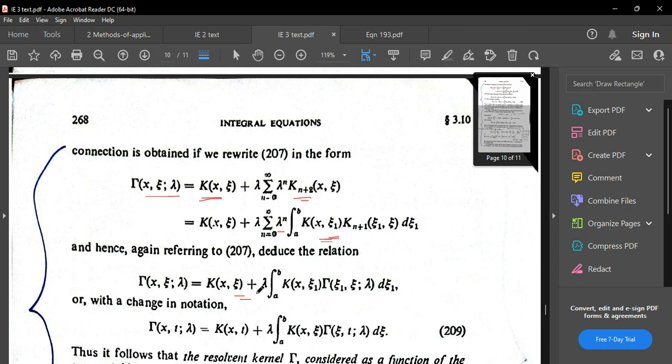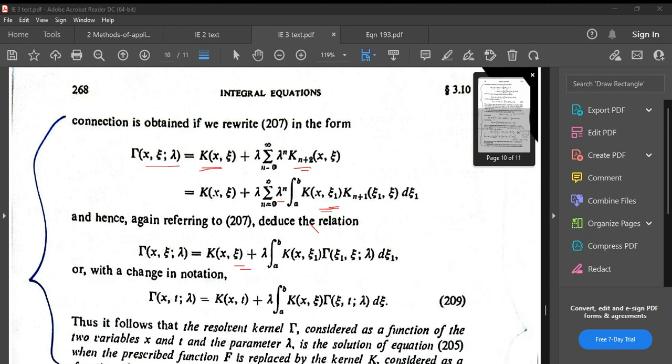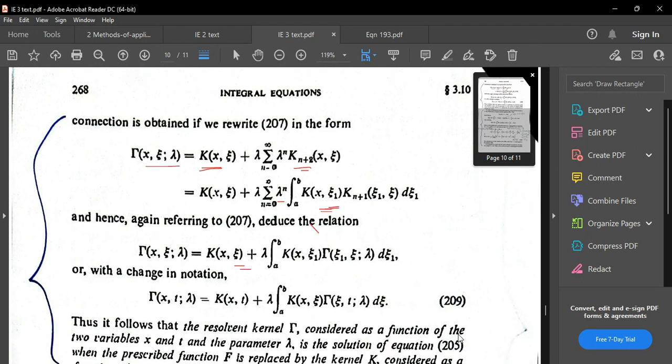Yes, this gamma has this form, and Kn plus 1 can be replaced by this function, and this lambda is here. But this is the summation of lambda raised to n, capital K, into this one.